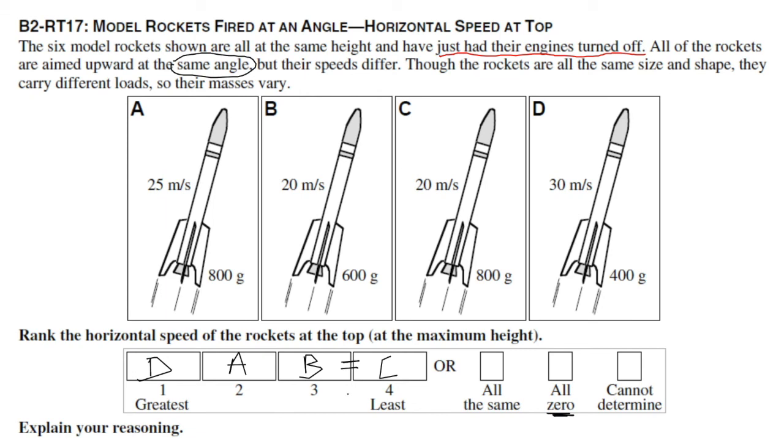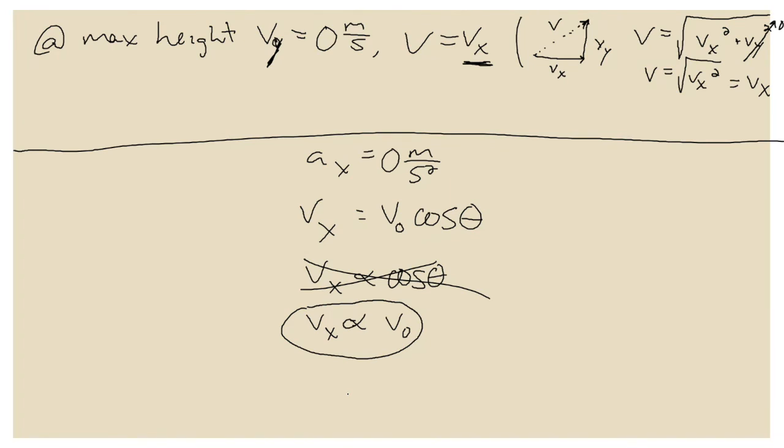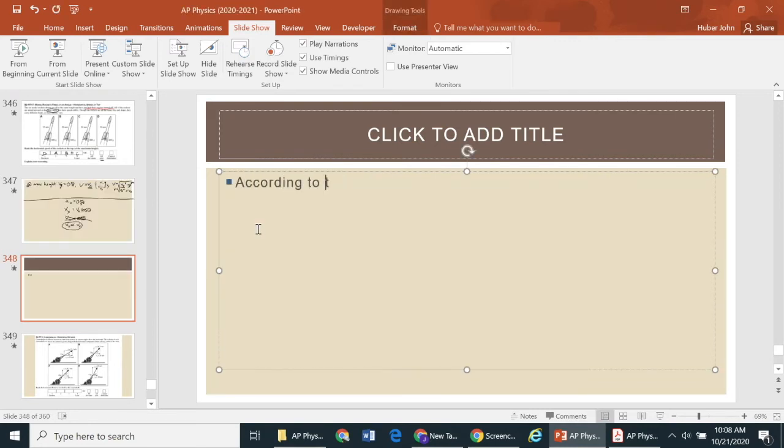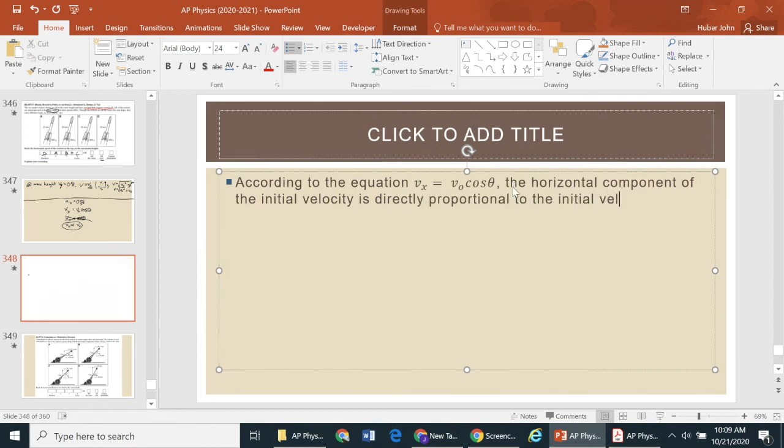And for the reasoning, well, we've already stated that, at least informally, and so we just need to describe this formally. And so we can say here, according to the equation, Vx equals V naught cosine theta, the horizontal component of the initial velocity is directly proportional to the initial velocity when the launch angle is the same.